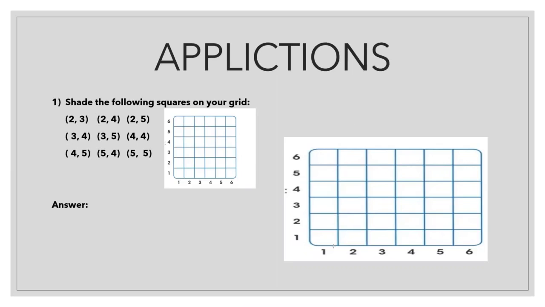So the first 2 resembles this axis. This is the x-axis, and here you can see this is a grid, and this is the x-axis, and this is the y-axis. Okay, understand? This is the x-axis and this is your y-axis.